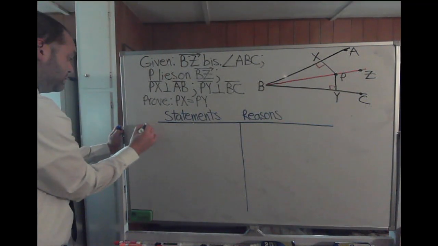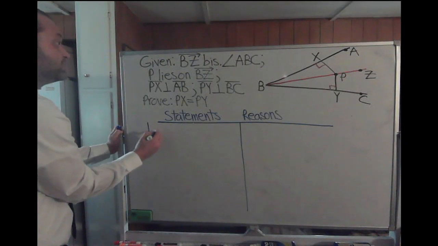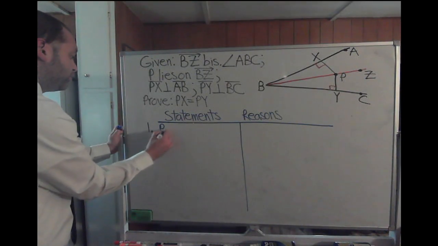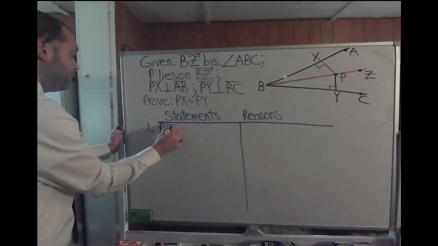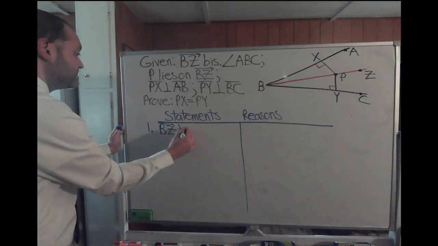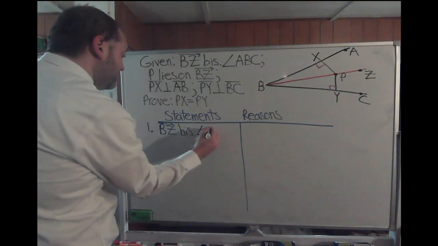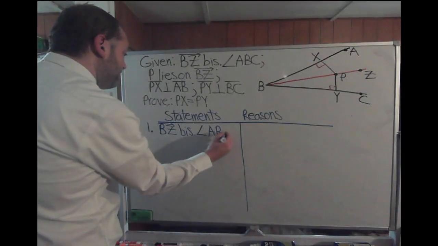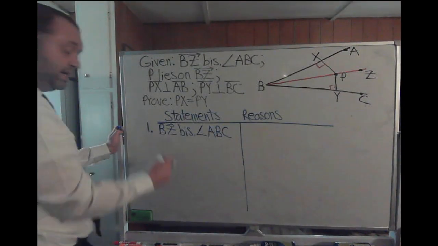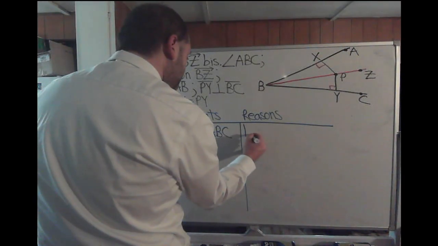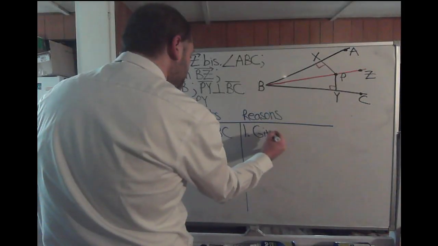Alright, so let's first start with the fact that ray BZ bisects angle ABC. Ray BZ bisects angle ABC, that was given to us.